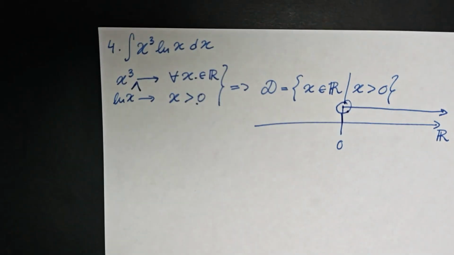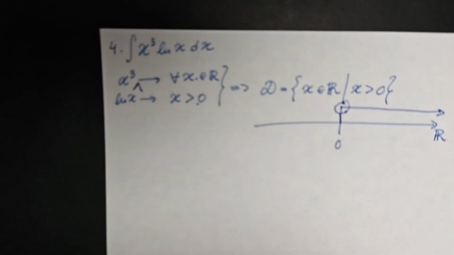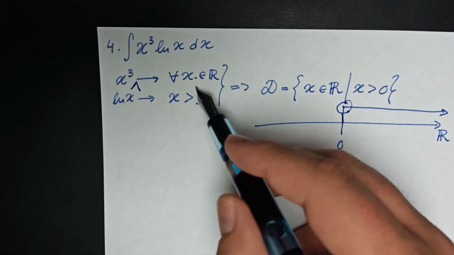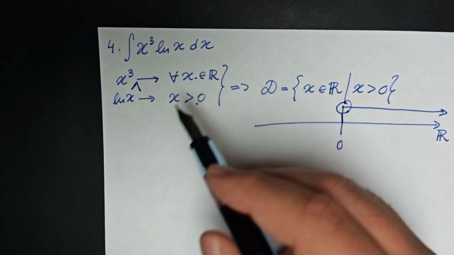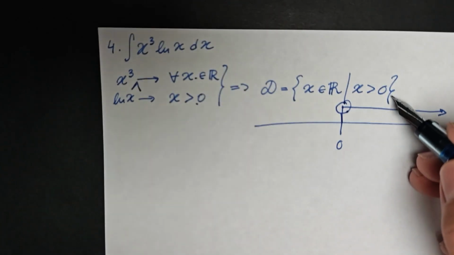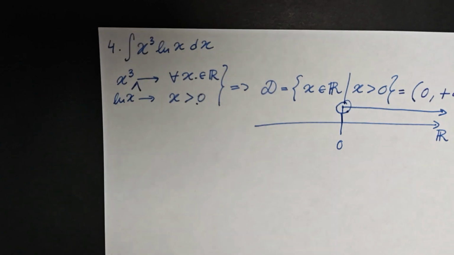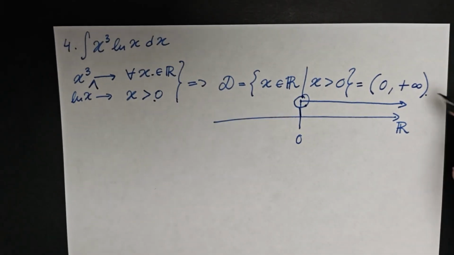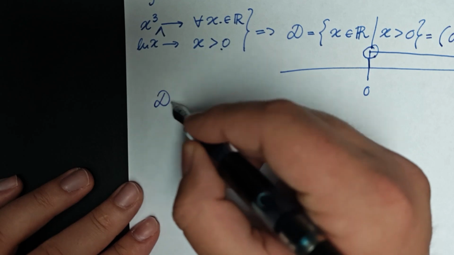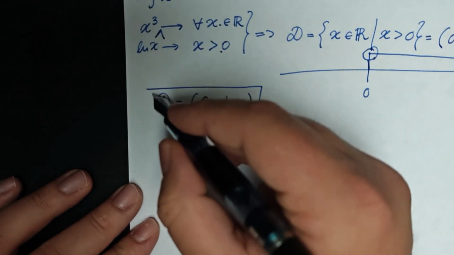The logical connector "and" corresponds to intersections in set theory. That is why we are using the intersection of these two areas. This interval which we got is just an interval from 0 to positive infinity. It's an open interval.